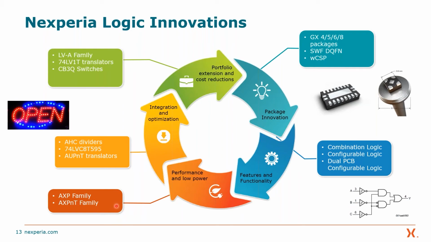Every time the voltage node for the microprocessor drops, there needs to be a corresponding logic family. The newest family is our AXP family, which can operate down to the 0.8 volt node, which the newest microprocessors are using. So again, the process family is continually tracking that to allow you to connect your newest microprocessors to the rest of your digital system.